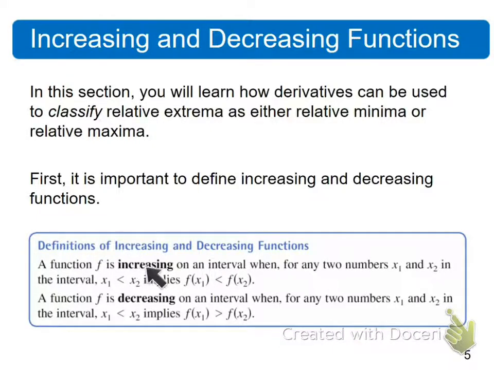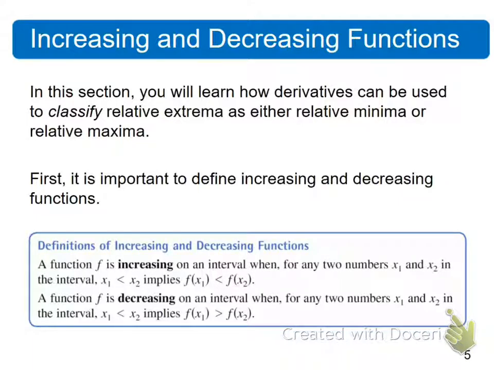A function f is increasing when I pick one number x1 and then something to the right of it, x2. So x1 is less than x2. Does that make sense? Like if that's 1, that's 2. And when I plug into the function, the output of the first value is less than the output of the second value.